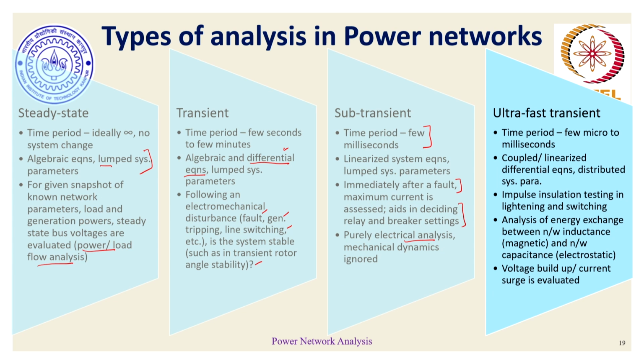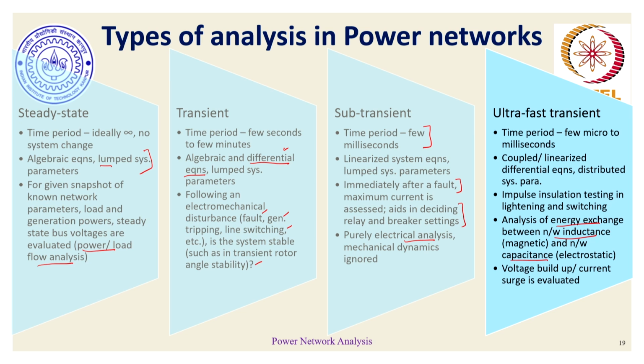The last analysis, which unfortunately we could not discuss as part of this course, is ultra fast transient analysis, in which the idea is that lightning is a natural event, and the electrical network, being no exception, also faces lightning strikes almost every day. At least some part of the network experiences lightning strikes every day. During lightning, the phenomenon can be explained as energy exchange between network inductance and network capacitance, which happens almost at the speed of light.